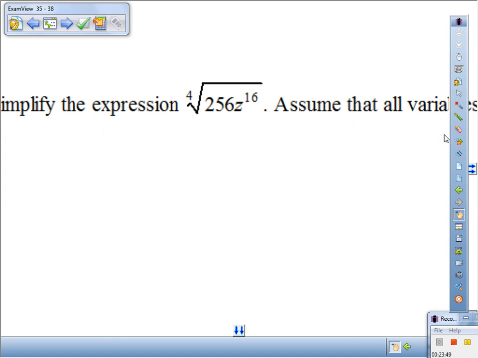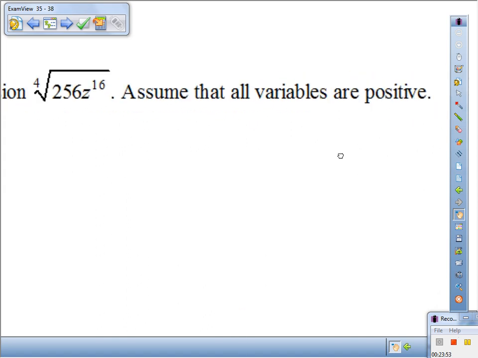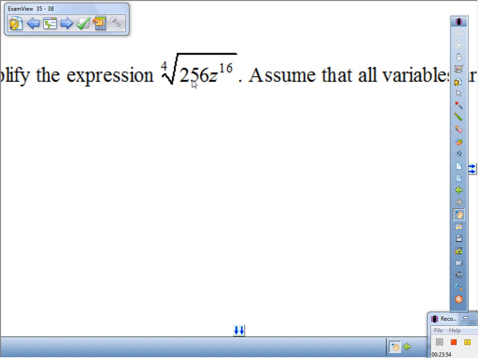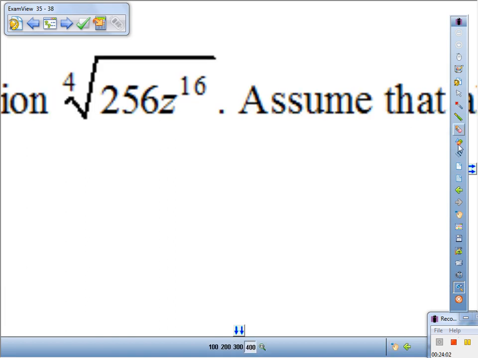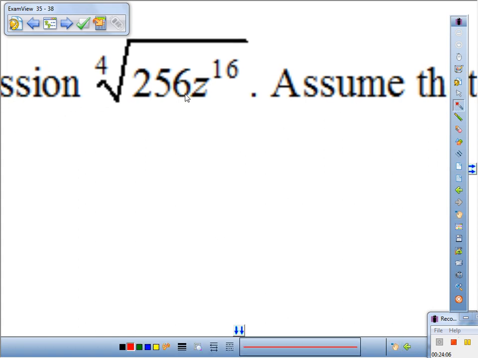It says, simplify the expression. Assume that all variables are positive. We have the 4th root of 256 z to the 16th. Let me zoom in a little bit more. So the first thing that we need to do is rewrite it. Let's write the number by itself in the radical times the variable by itself in the radical.